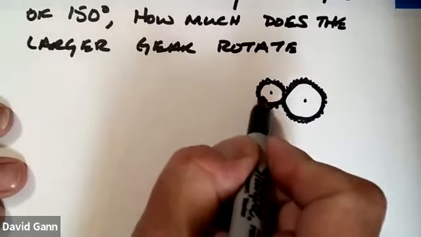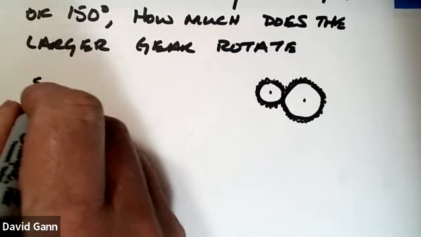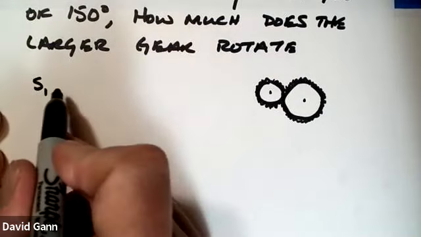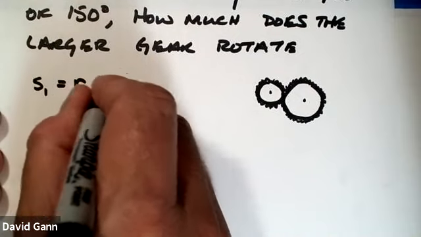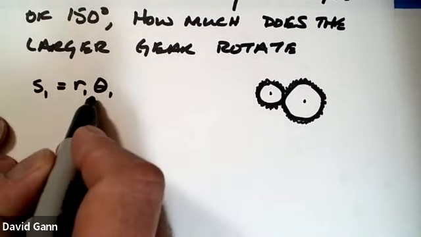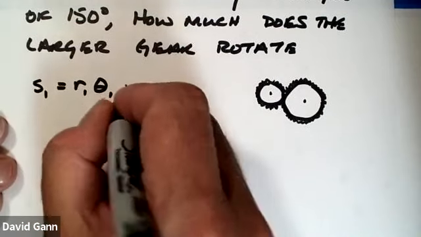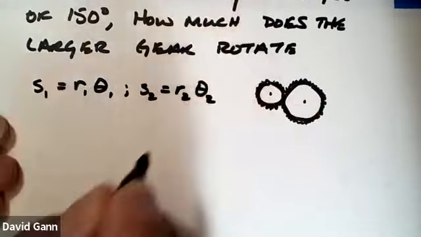So first off, notice that for each one of these circles, we can write this equation. S for the first gear equals the radius of the first gear times the angle that is subtended for the first gear. And similarly, for the second one, we have a similar equation.